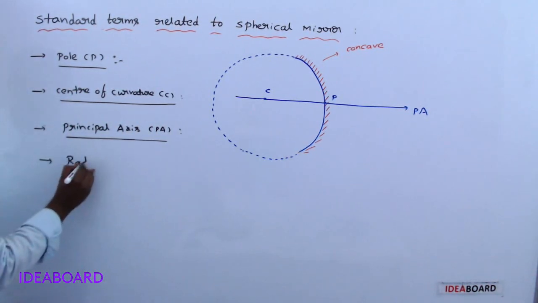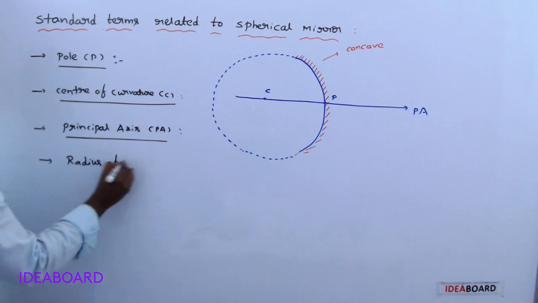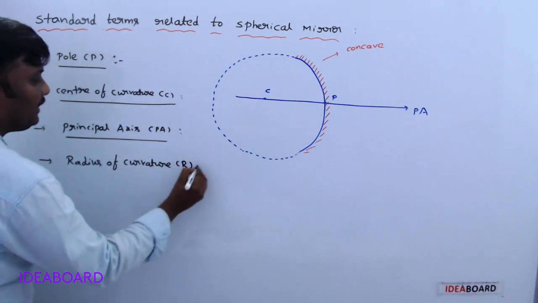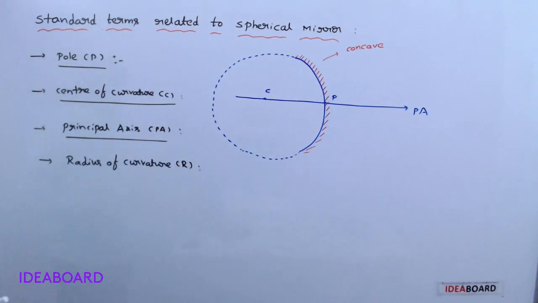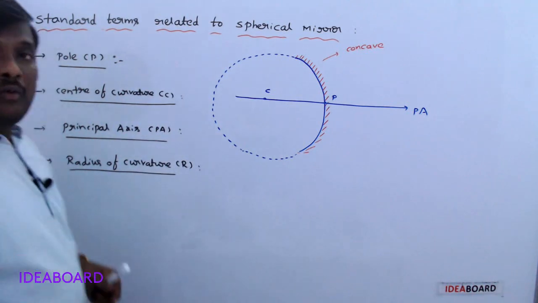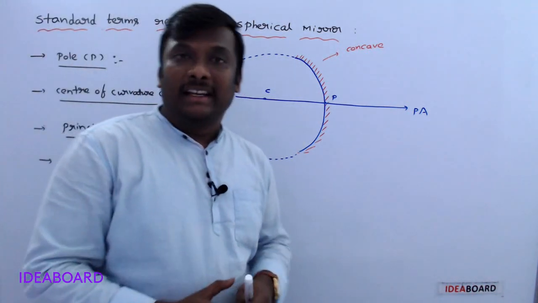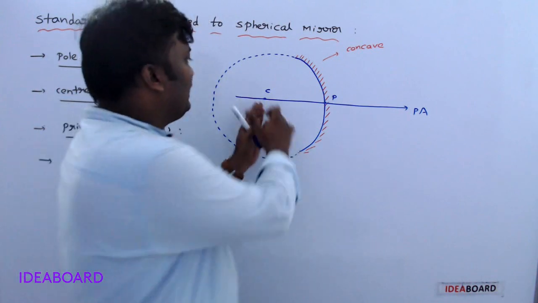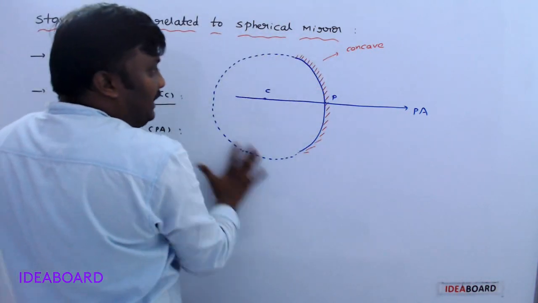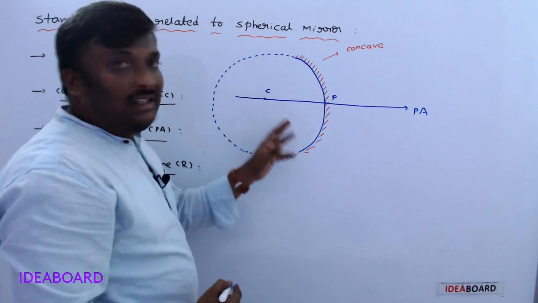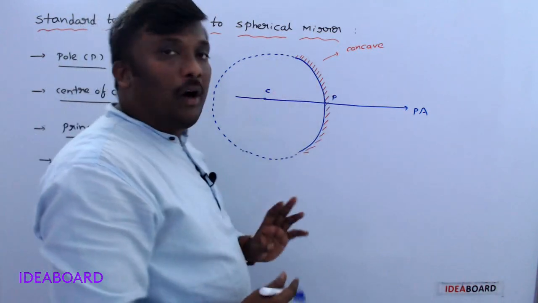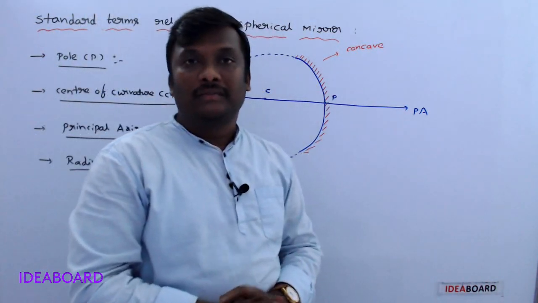Next, the radius of curvature, denoted by capital R. What is the meaning of radius? Radius is nothing but the distance from the center to the edge. So the radius of the spherical shell of which the mirror is a part is called the radius of curvature.